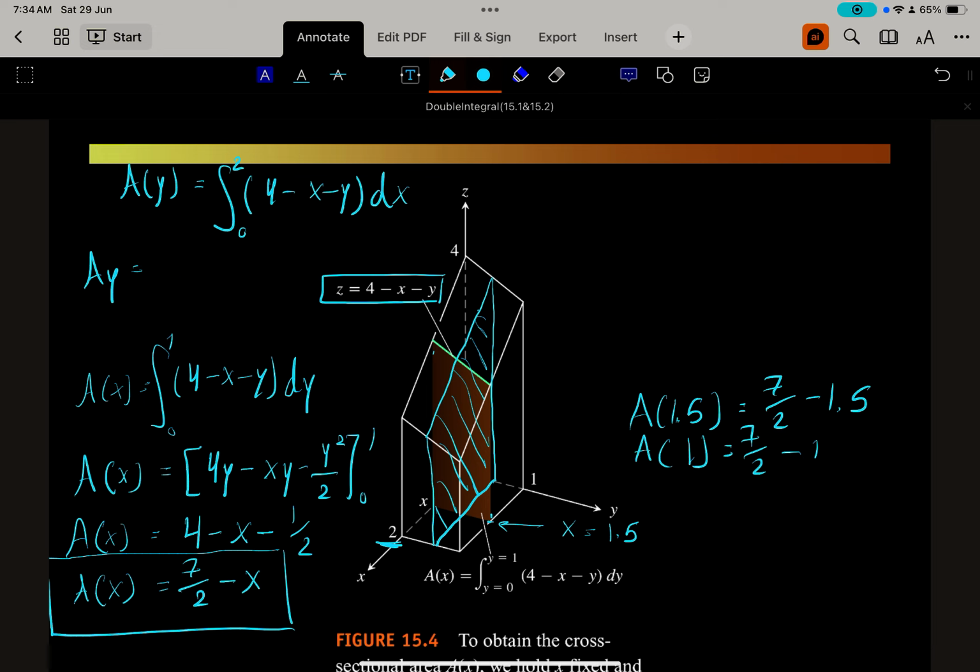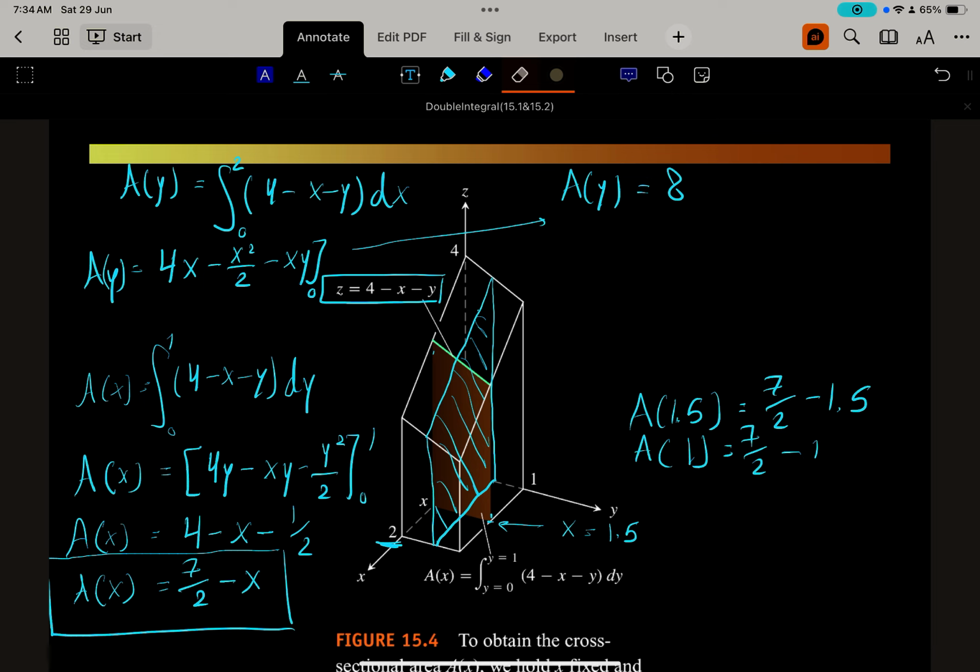Then 4x minus x squared over 2 minus xy from 0 to 2. Now this will give me A of y equals 8.